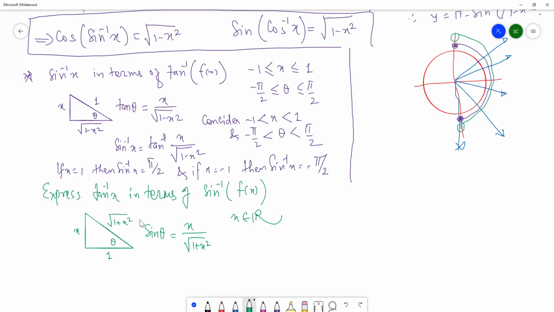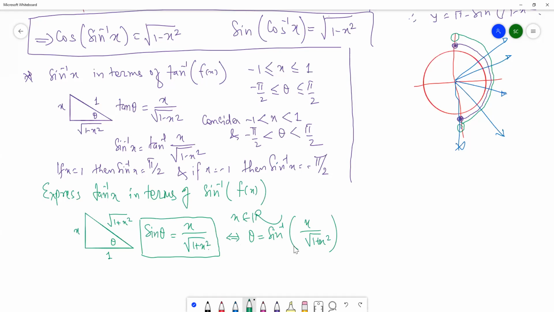Now see, this is the stage where you need to be extremely careful, because you are going to invert a function now. Sin theta is equal to x upon radical 1 plus x square is fine trigonometrically. You need not worry about domain and codomain. But now we are going to say this statement and this statement are equivalent: theta is equal to sine inverse of x upon radical 1 plus x square.